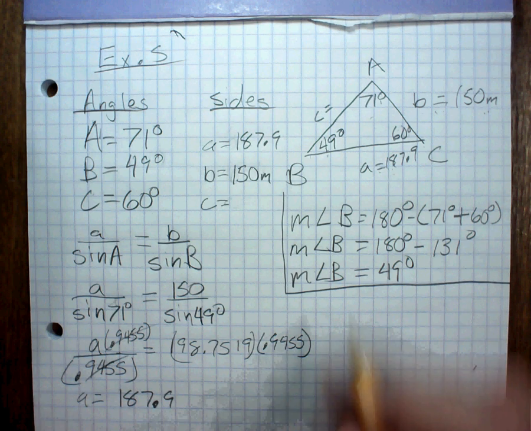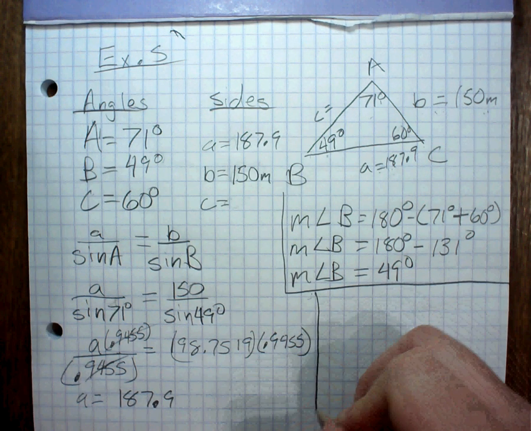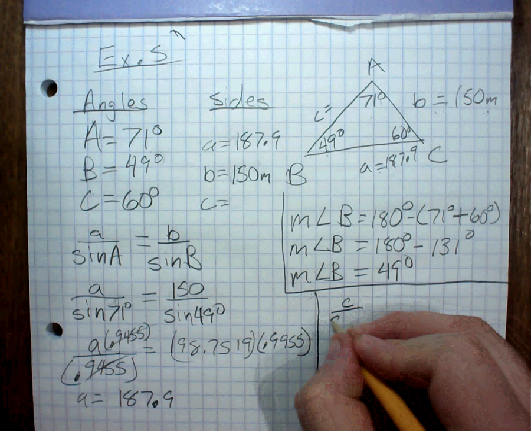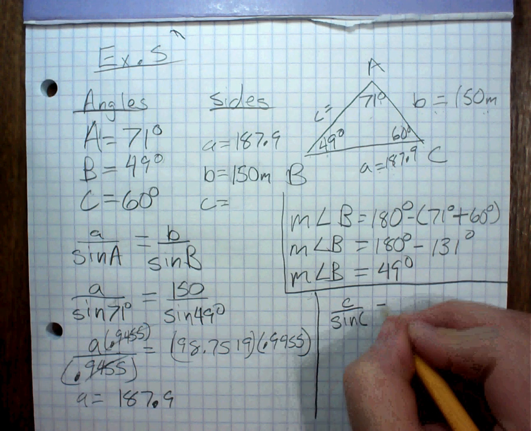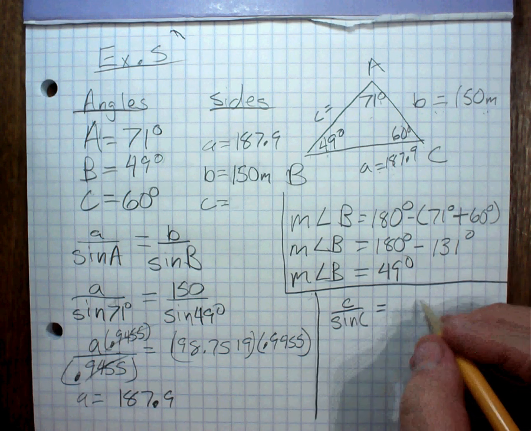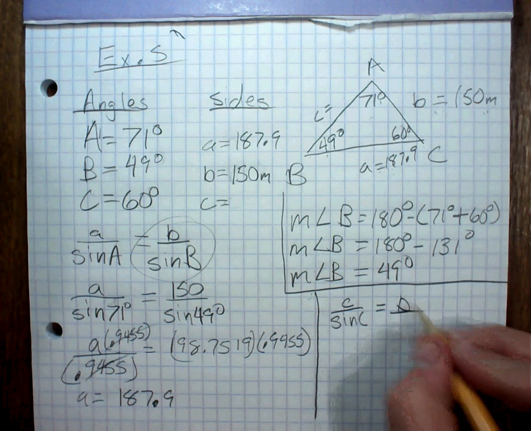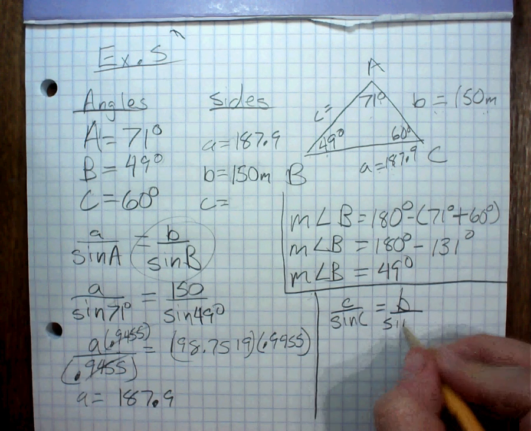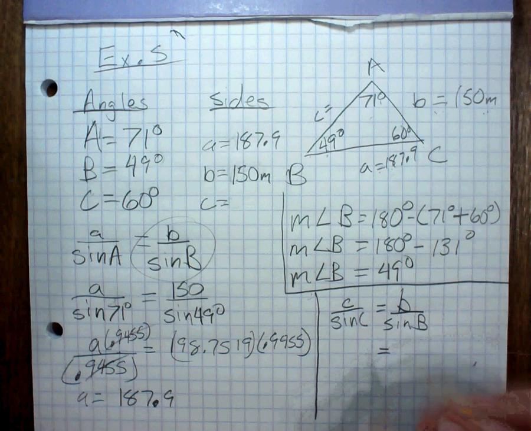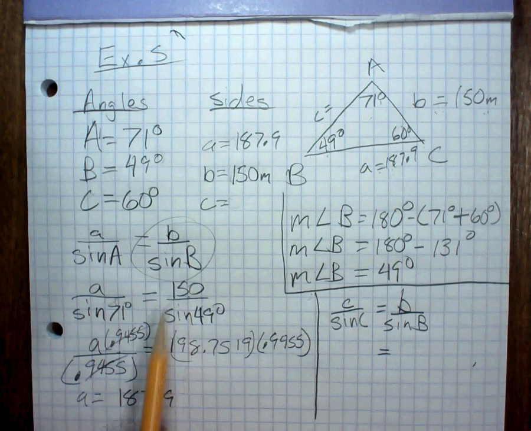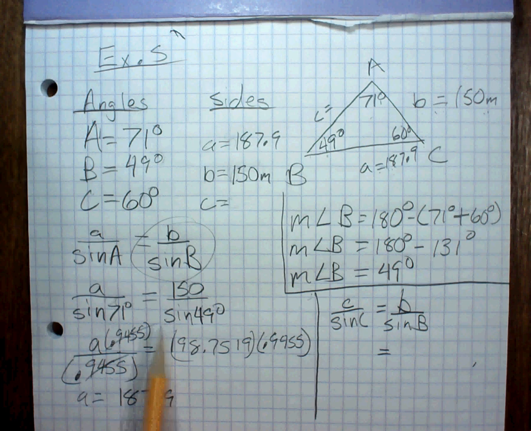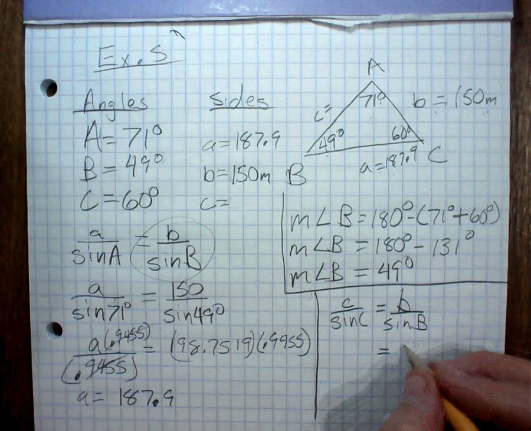So the last thing we got to do is solve for c. To solve for c, I'm just going to say lowercase c over sine of capital C is equal to lowercase b over sine of capital B. And the reason I did that is I already know that 150 divided by the sine of 49 is equal to this right here.